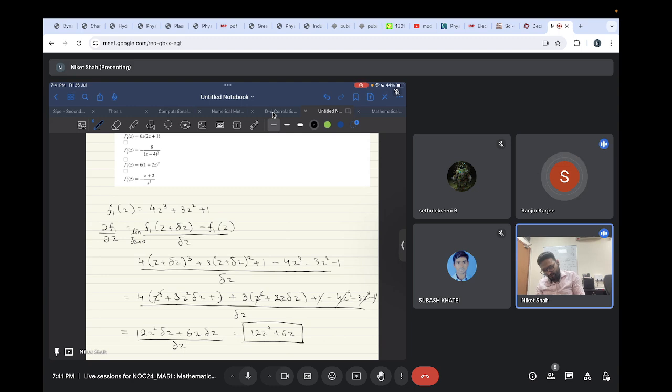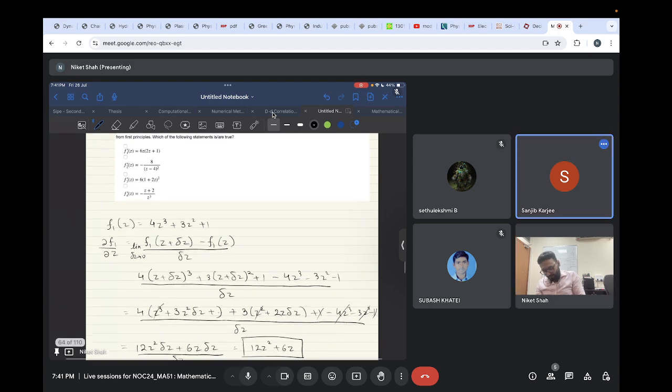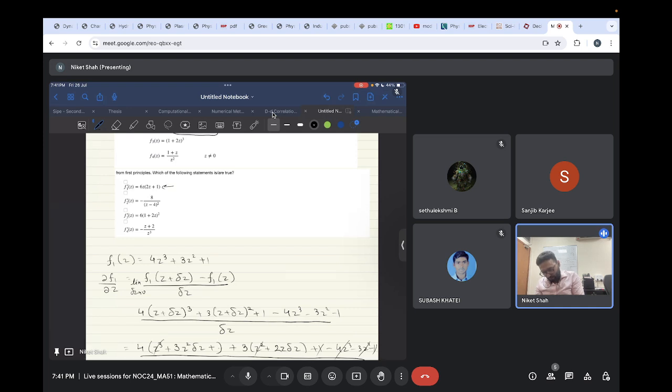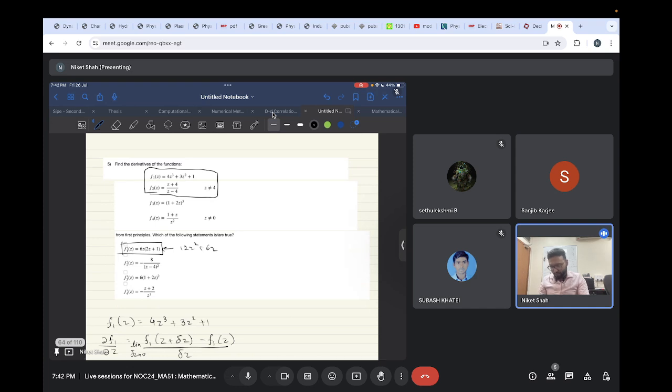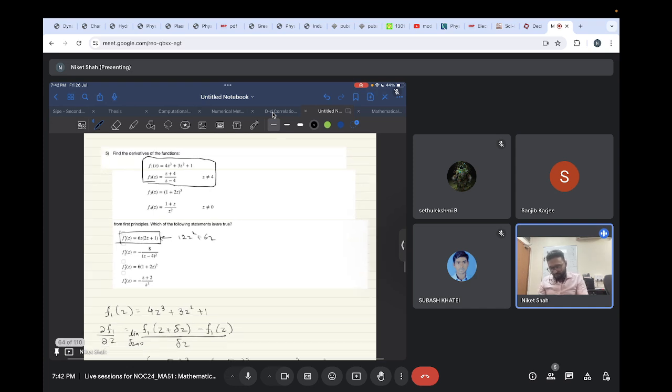This is your final answer. So here this option is also equal to 12z square plus 6z. So you know that this statement is correct. So that is what we established, that statement 1 is correct. Okay. Now moving on to f2 of z.